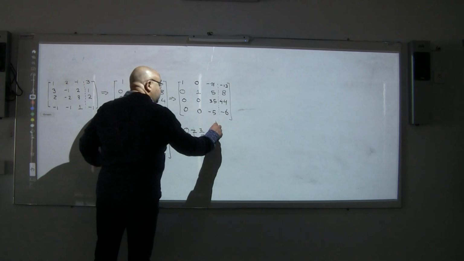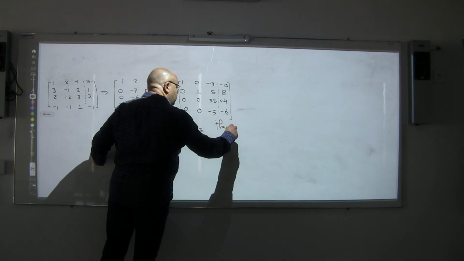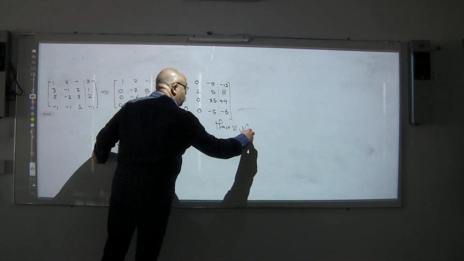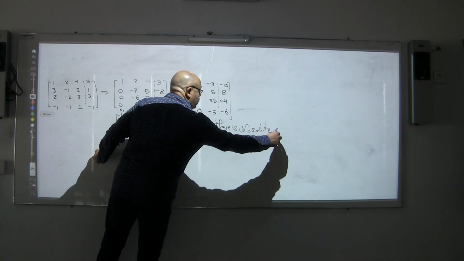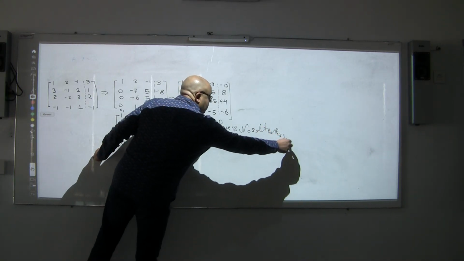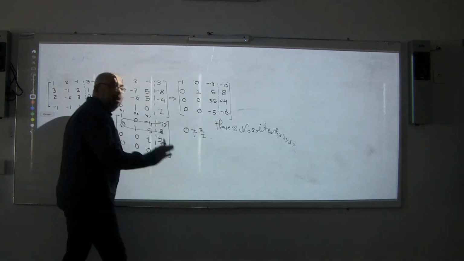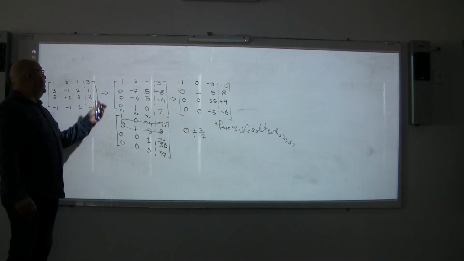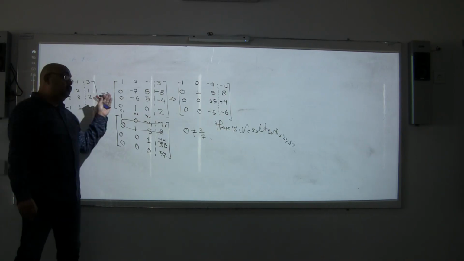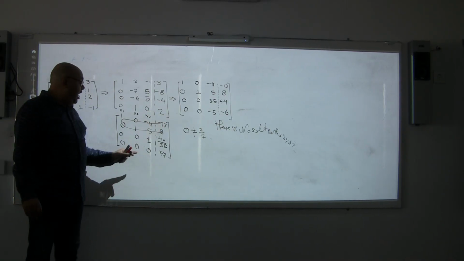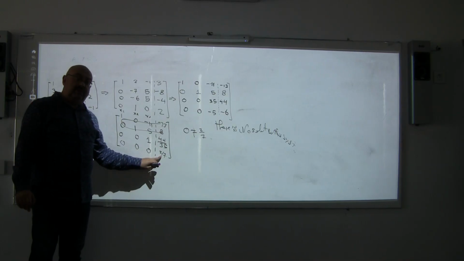So there is no solution for this system. There is no solution for the system, because the equations you have are inconsistent. So once you try to solve them, you end up having 0 equal to 2 over 7.